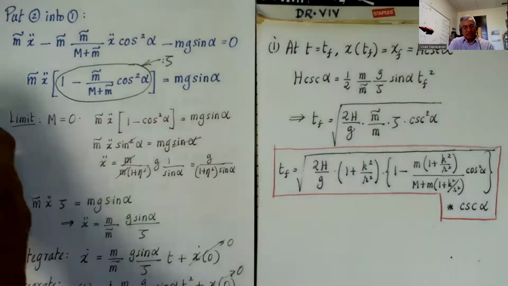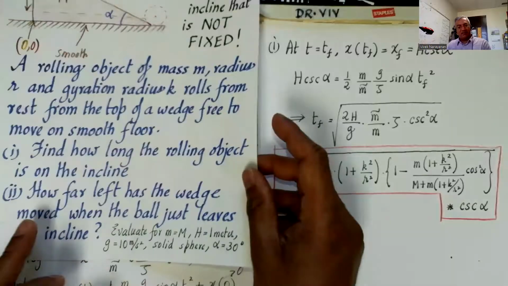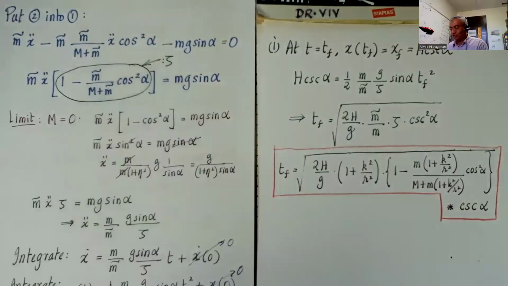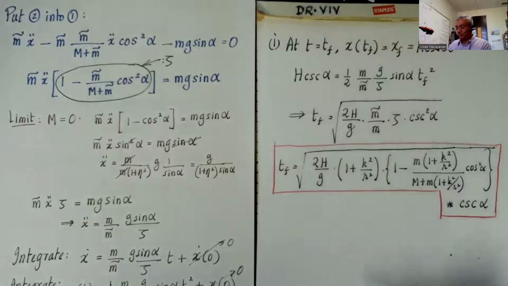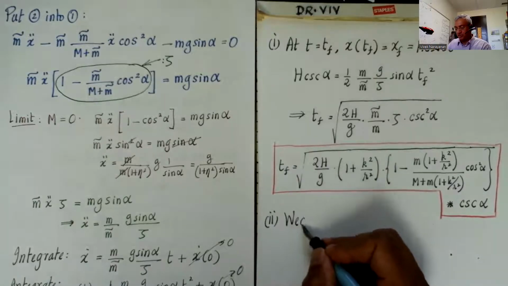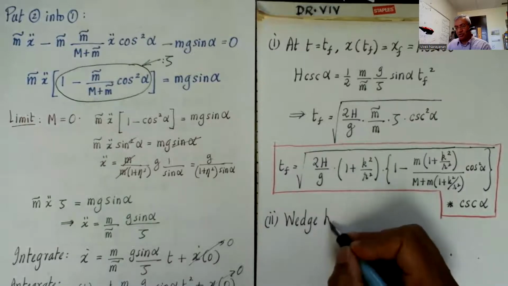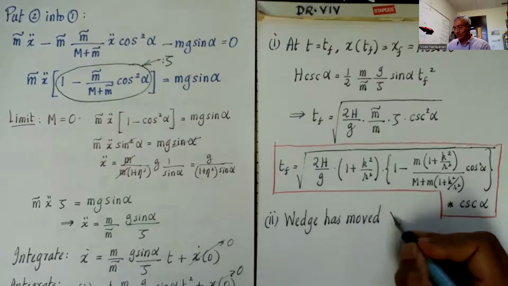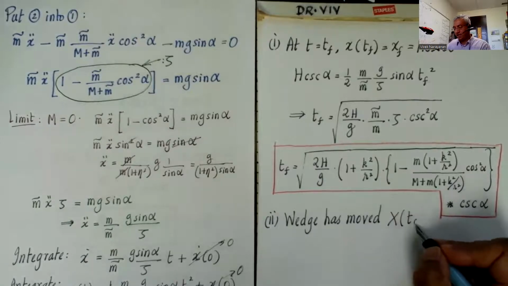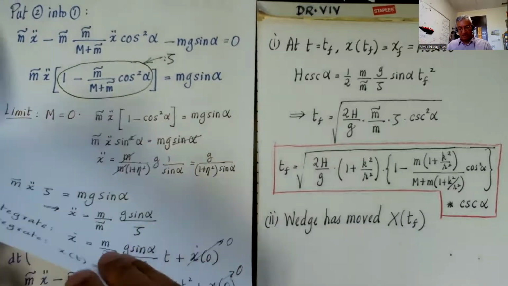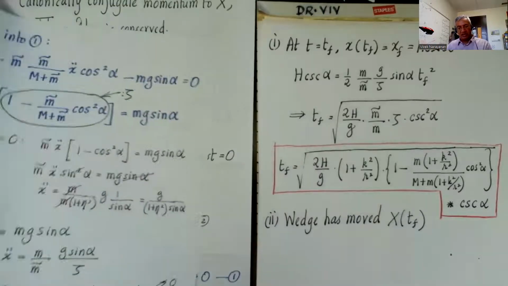Part 2 asks us how far left has the wedge moved. So that part is pretty easy to do next. So let's do that part. Wedge has moved by a distance X evaluated at tf. But capital X is related to little x.